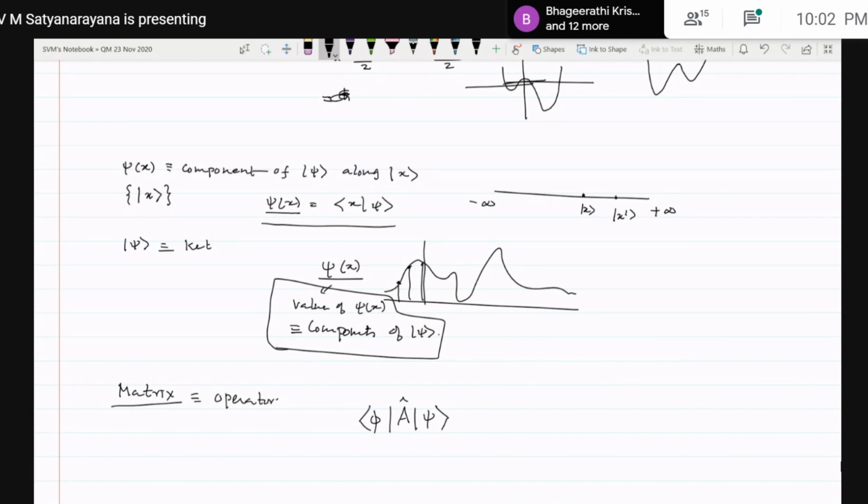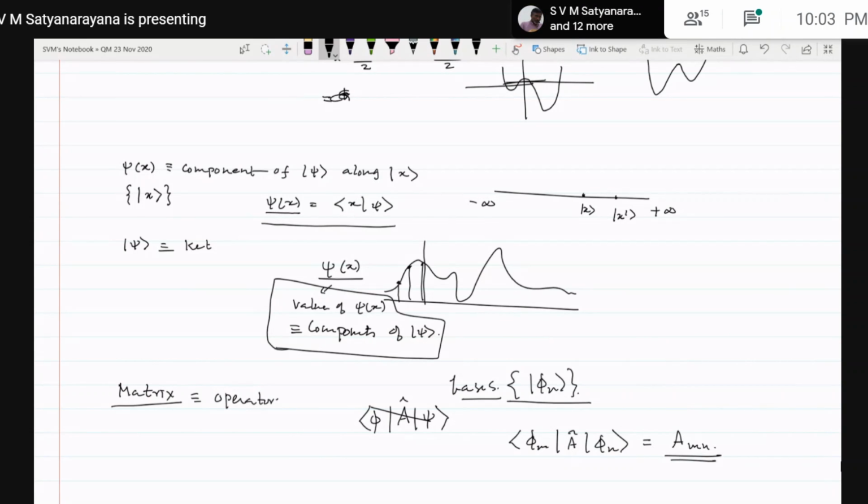Let me write it like this. I choose some basis, phi n, because to write an operator as a matrix, I should choose some basis. Then I write phi m, A, phi n, so this is A m n.